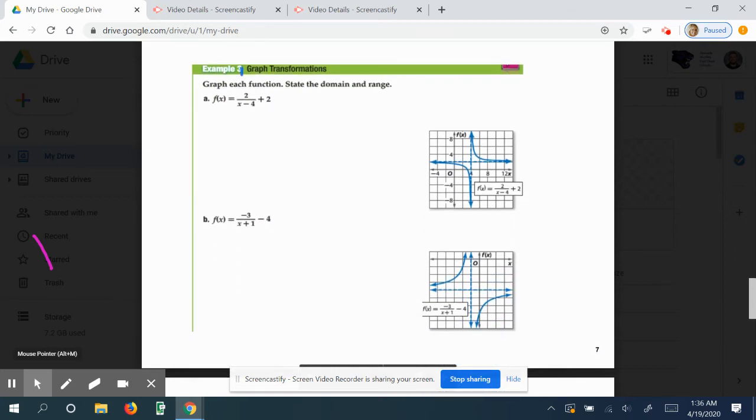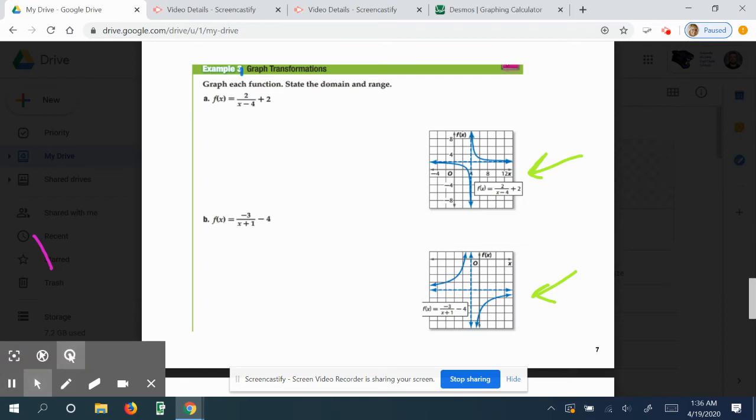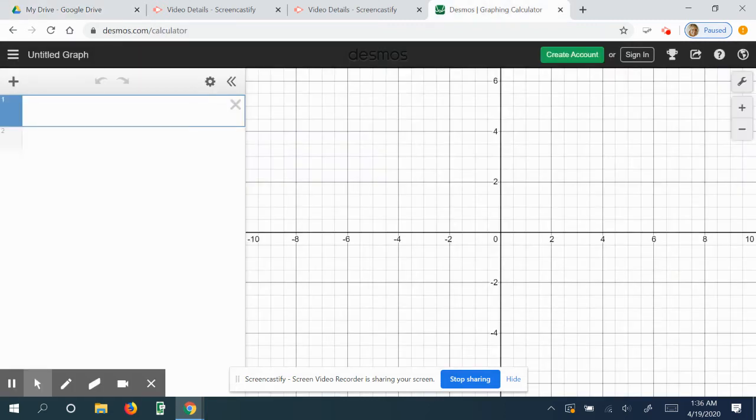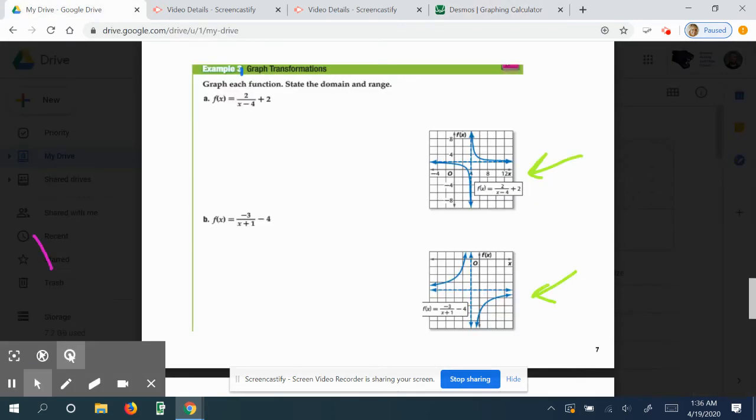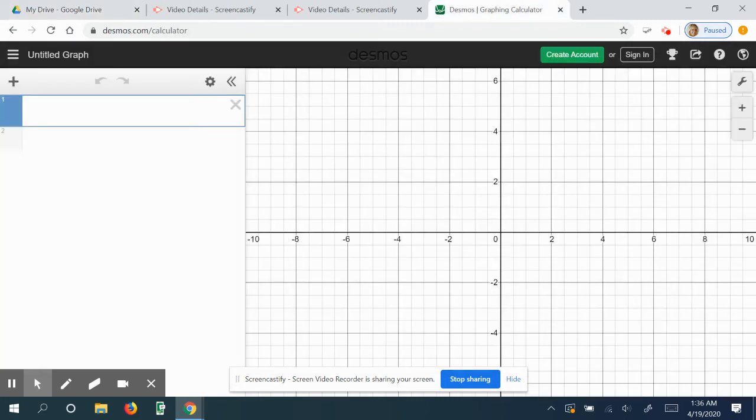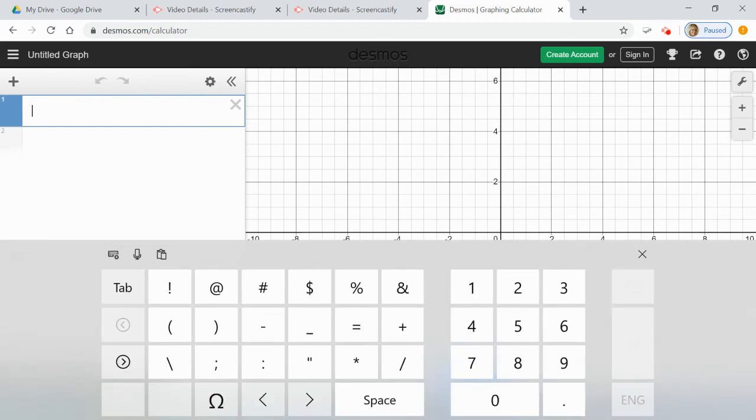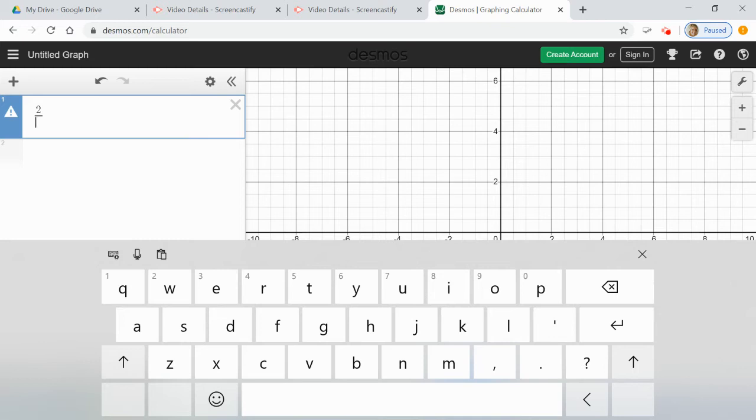Okay, so example 3. It says graph each function and state the domain and range. Now, we already have these graphed on here, and you could do the same in Desmos. In fact, why don't we do that? Okay. All right, so we'll go to Desmos, and we're going to type in our function, which is 2 over x minus 4 plus 2.